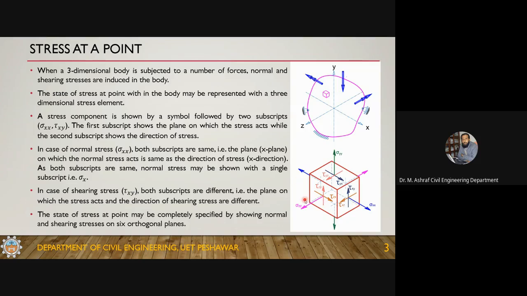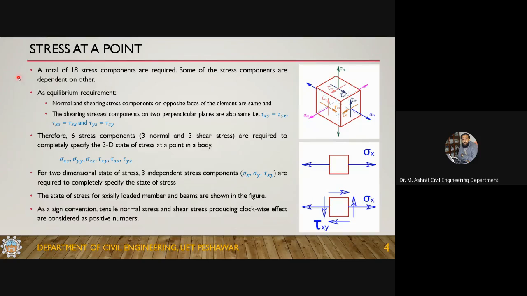So total stress components are 18. But not all of them are independent components. As equilibrium requirements, some of them are dependent on the other stress components.